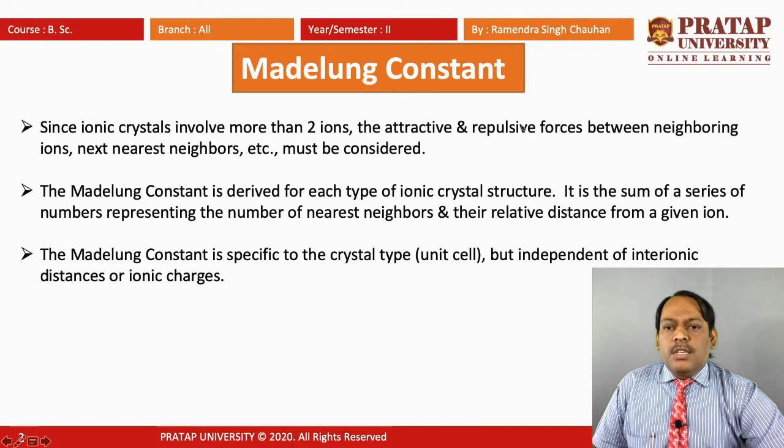So the Madelung constant is derived for each type of ionic crystal structure. It is the sum of a series of numbers representing the number of nearest neighbors and their relative distance from a given ion.